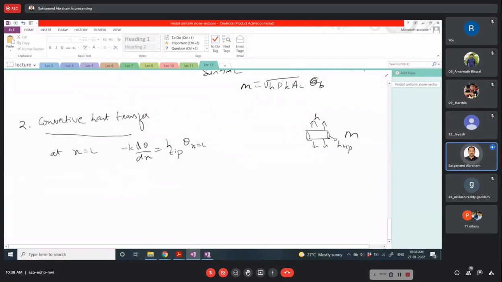But we don't know what theta is at x is equal to L. Our condition is h tip and t infinity.